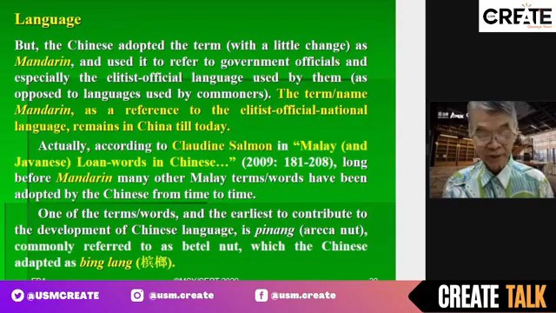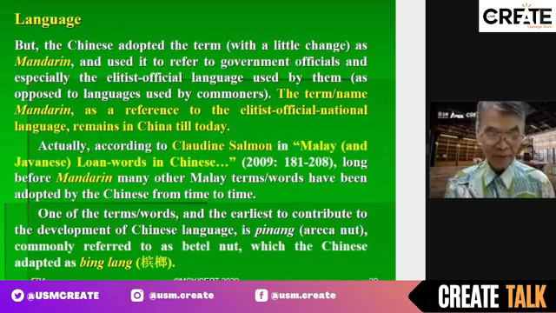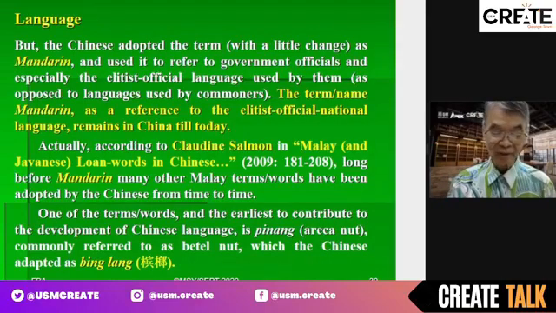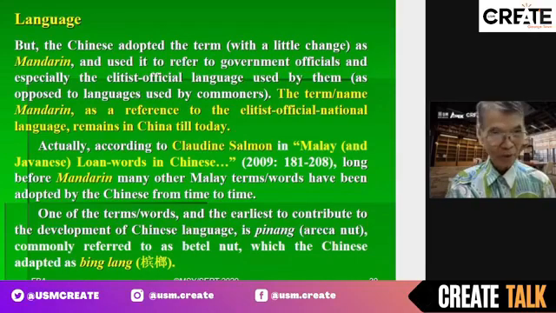So the term or name Mandarin, as a reference to the elitist official national language, remains in China till today. It has its origins in the Malay word menteri, which the Portuguese managed to get from Malacca.